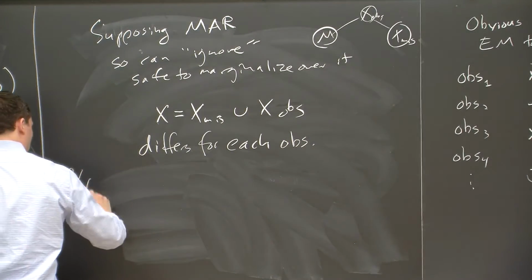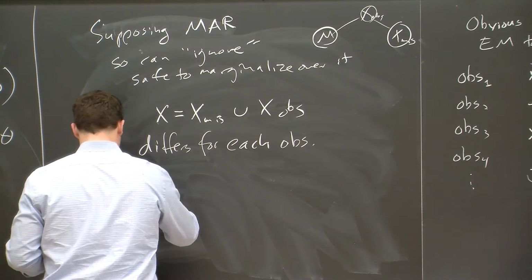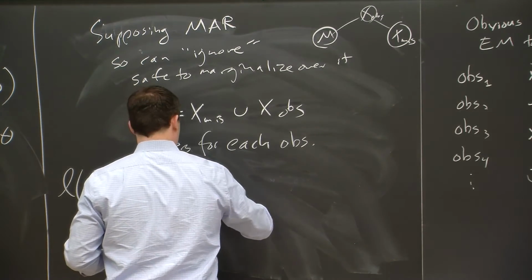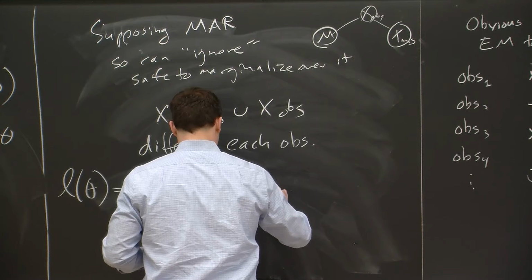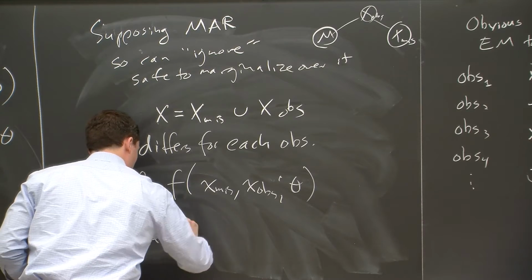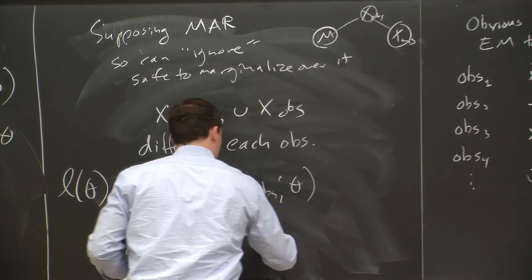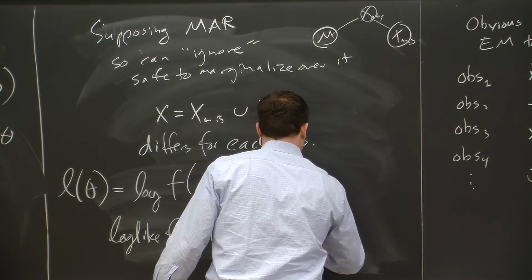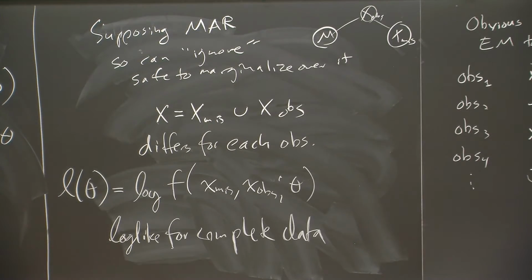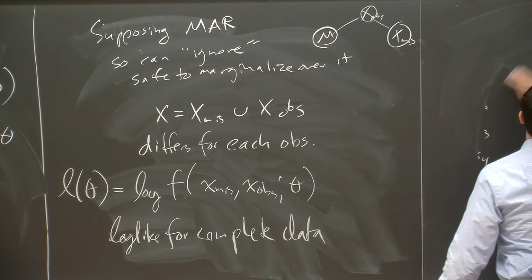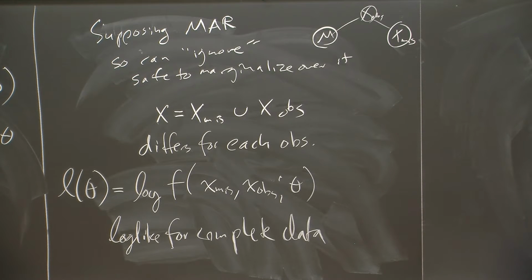So we have a log likelihood for the complete data. And then we have a marginal or incomplete log likelihood, where we have to sum over or integrate over the things we didn't see. We don't know what happened, but we have some idea of a probability distribution of what might have happened.